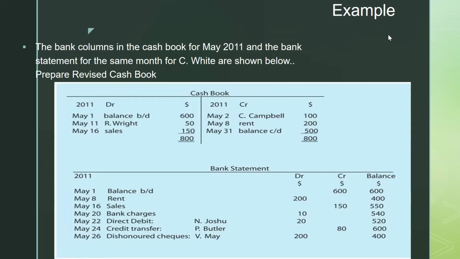All right, so most people got it. It would have been the bank charges, the direct debit, the credit transfer, and the dishonored check. So we identify the differences.